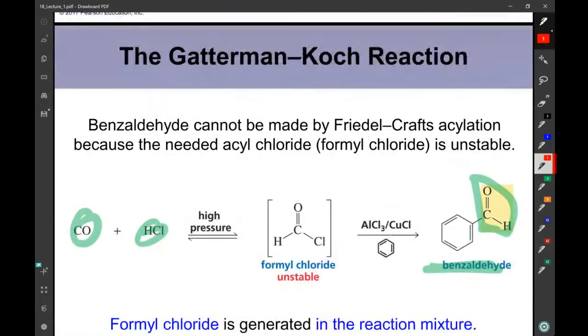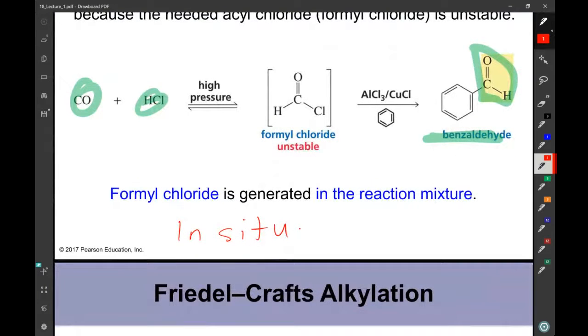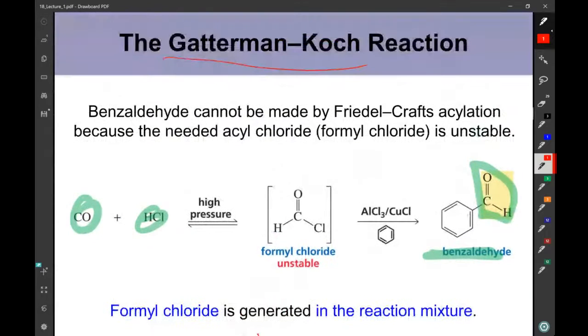That reaction is usually referred to as the Gattermann-Koch reaction. It just gives you the names to honor the people who first did this reaction. I don't expect you to memorize all those names. But that reaction is not very different from the Friedel-Crafts reaction because it also uses aluminum chloride.